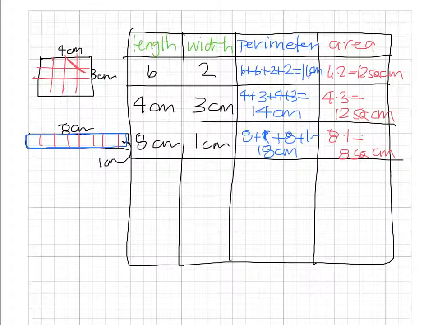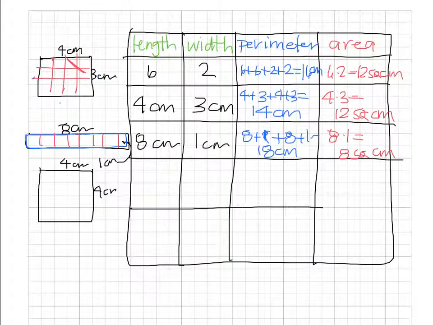Our next example, speaking of squares, let's go with a square that's 4 by 4, 4 centimeters by 4 centimeters. So when we look at our length, now being they're both the same, does it matter which is which? Not at all. 4 centimeters.